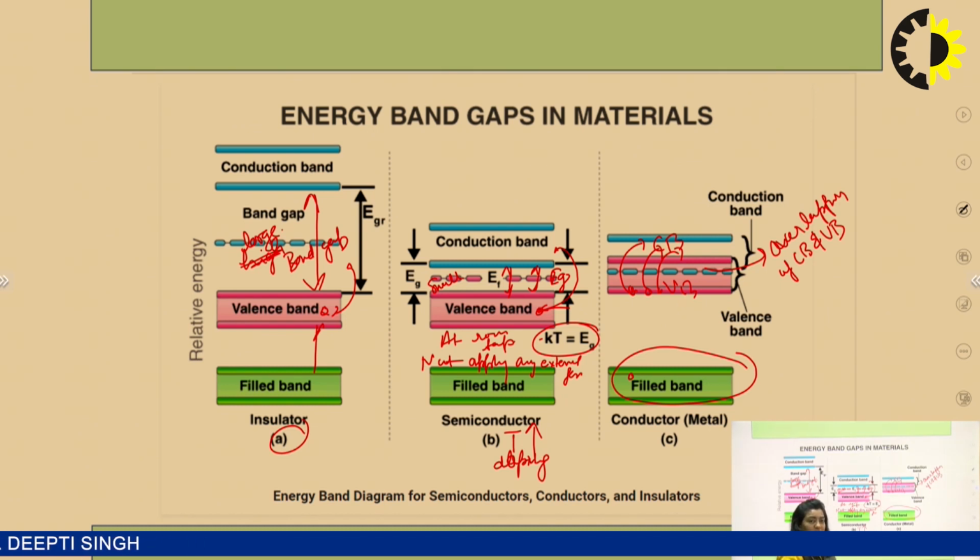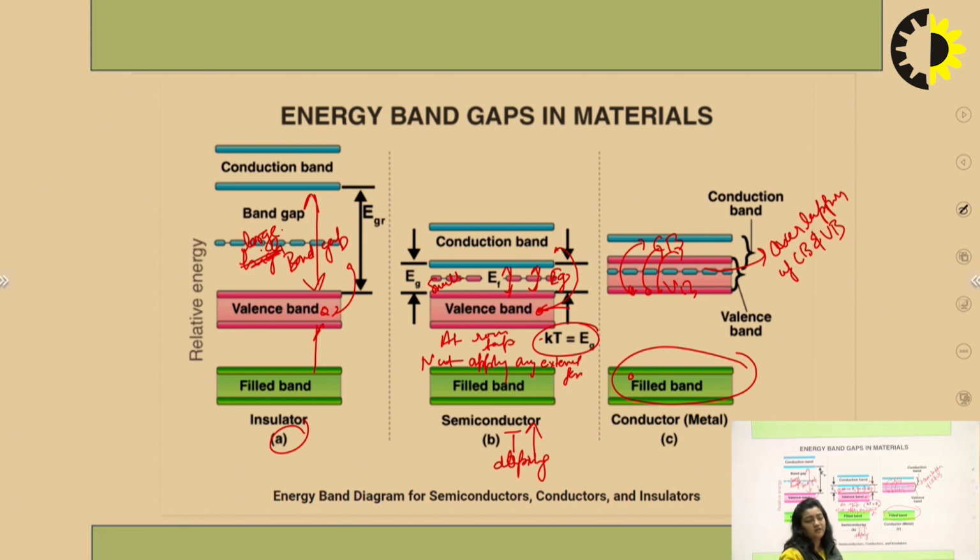As soon as the electrons get energy from some external force or external field, they will move towards the conduction band, jump towards the conduction band. This is possible because the band gap is very small.